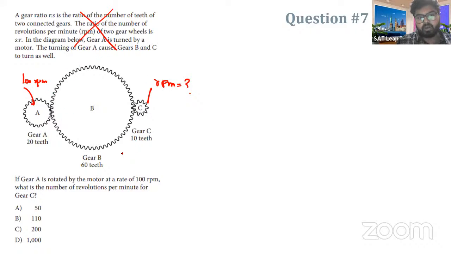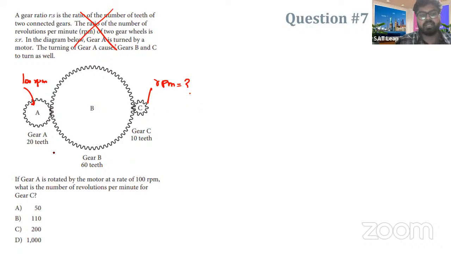If the diameter or the size of the gear increases, will the number of revolutions decrease or increase? Which gear will rotate faster, gear A or gear B? B is large, A is small. So which will rotate faster?